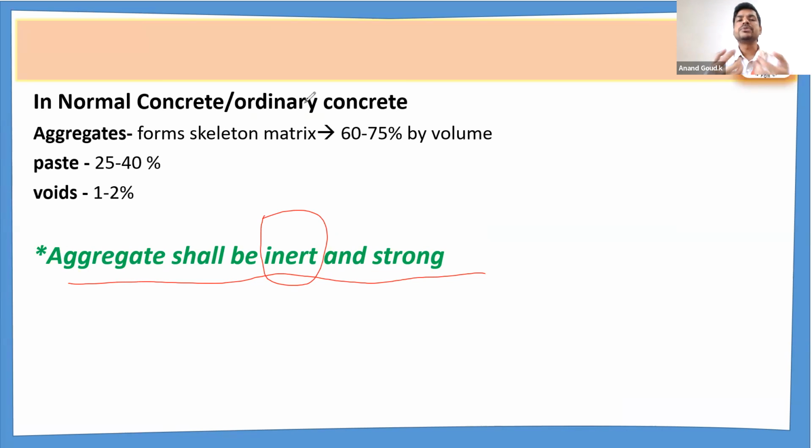It may absorb, but due to that water or cement, it cannot change its chemical composition. That is what reaction means, right? So aggregates shall be inert and strong. It should be strong enough to bear the loads. So it should not react with any other materials, and it should be very, very strong. Then only we are going to get good properties while preparing the concrete.